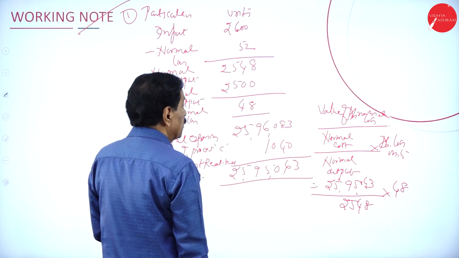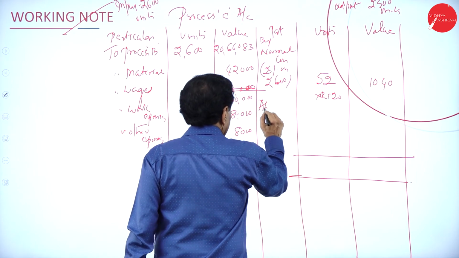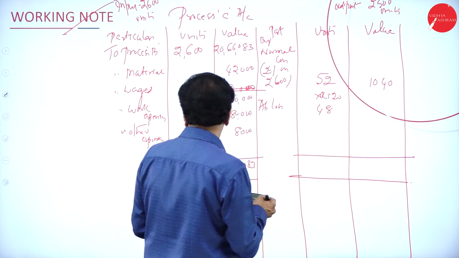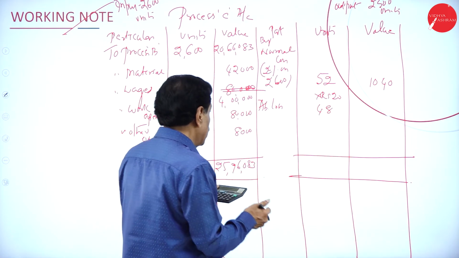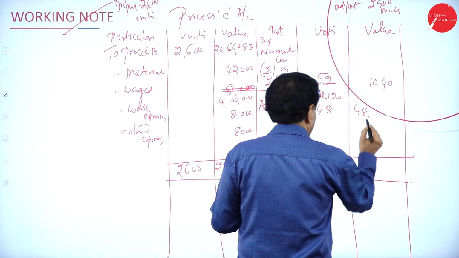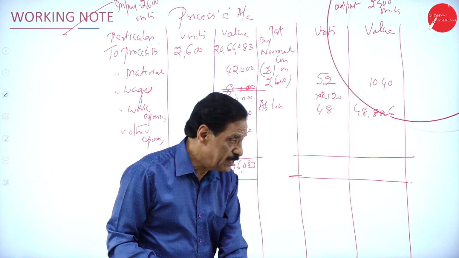For how many units? For 48 units. Here abnormal loss 48,886.